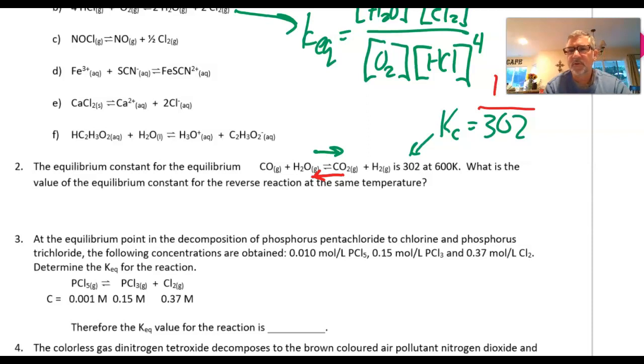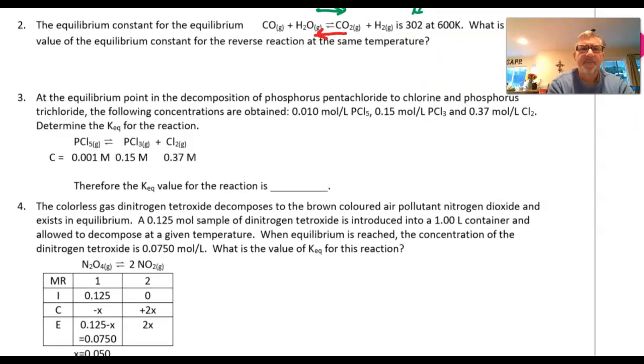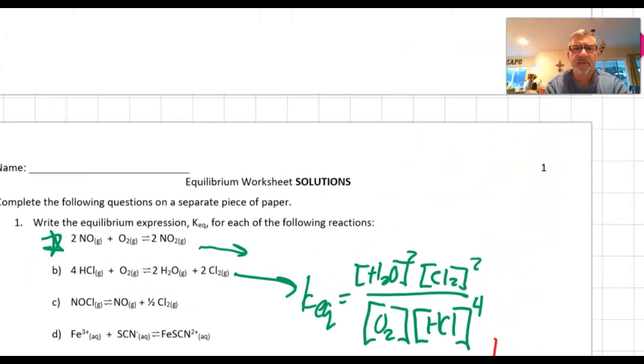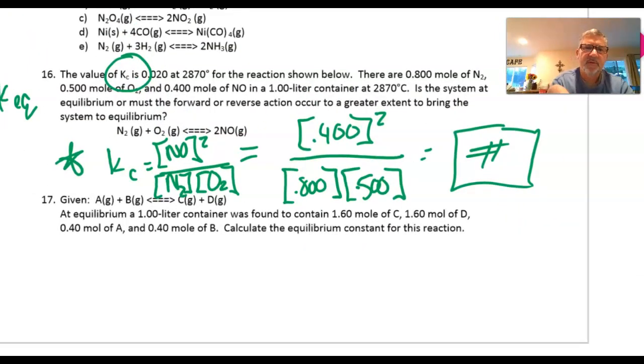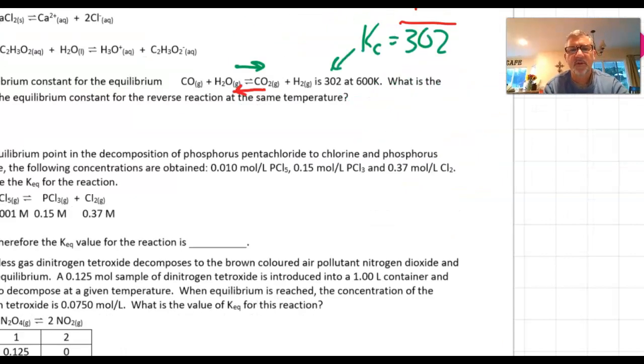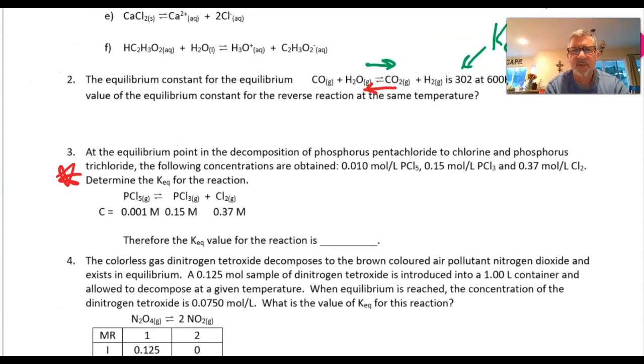So the reverse is the inverse of the forward. That should be pretty easy. And this one right here is solved exactly like this one. So set up your equilibrium expression, plug in the numbers, and get that.